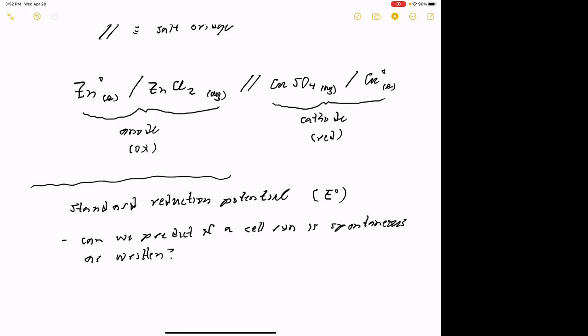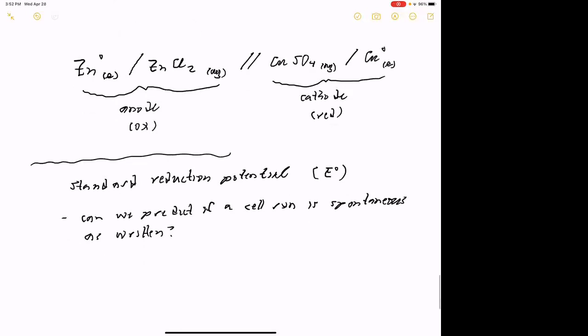Now, why would we care? Well, if we want to build a battery, for example, we'd want that reaction to be spontaneous, wouldn't we? Because if it's not a spontaneous reaction, we're not going to get any useful energy out of the battery. All right, so we want to be able to predict that.